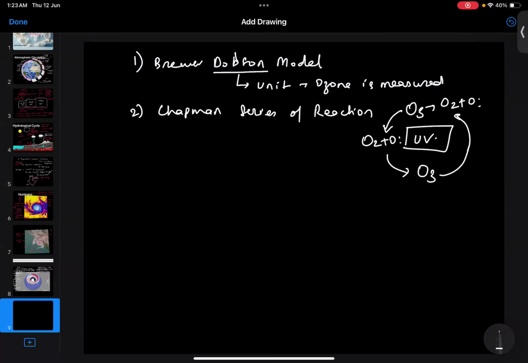So the formation of ozone and the destruction of ozone are taking place simultaneously. This is one part which is quite important. Now, the third thing, the law we can apply here, is the photochemical equilibrium.